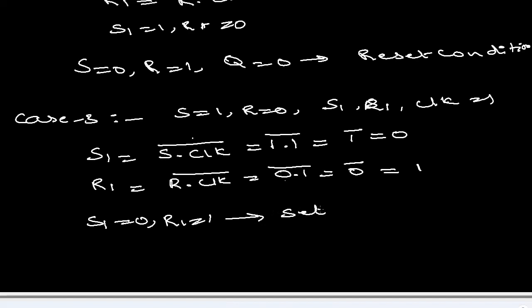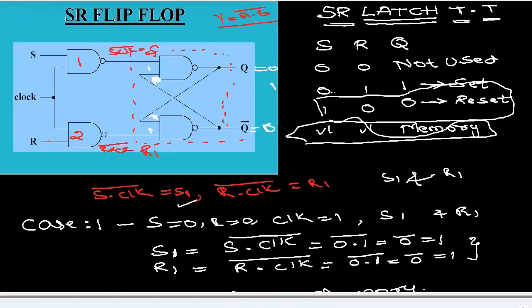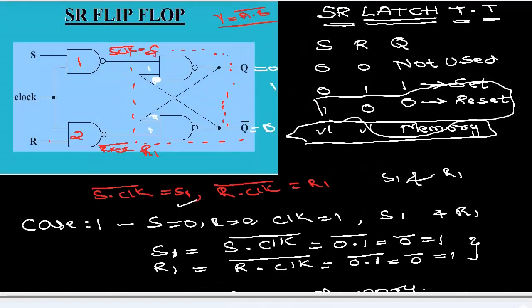In this set condition, Q is 1. Now see here, when S1 value is 0 and R is 1, then Q will be 1. That is called as set condition.